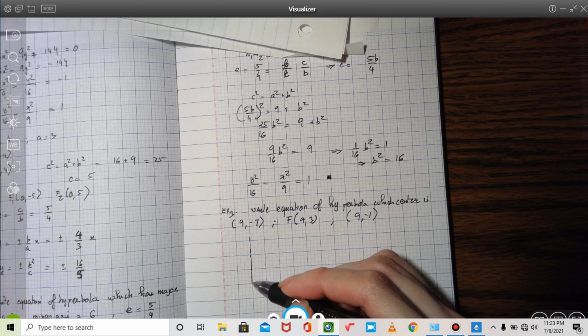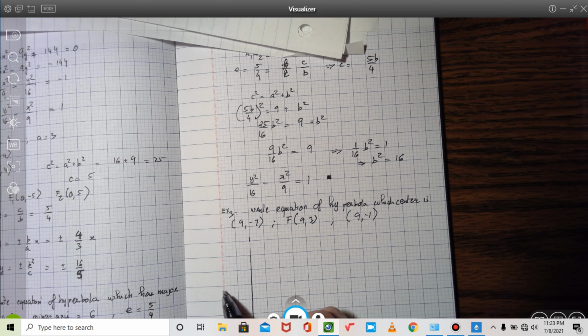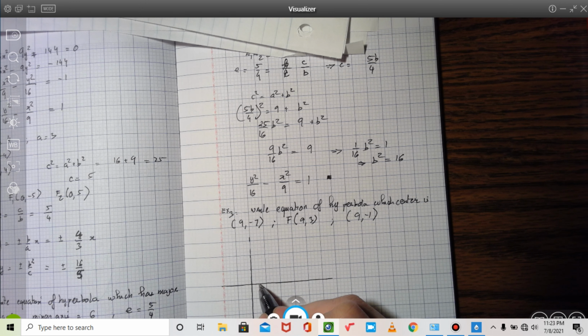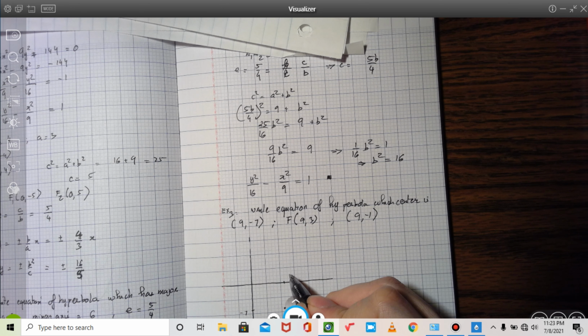We should draw it, because when you draw it, then you know. So 9 right here, and -7 right here. So this is the new center.